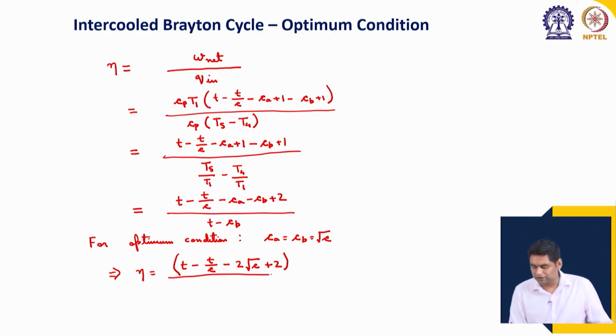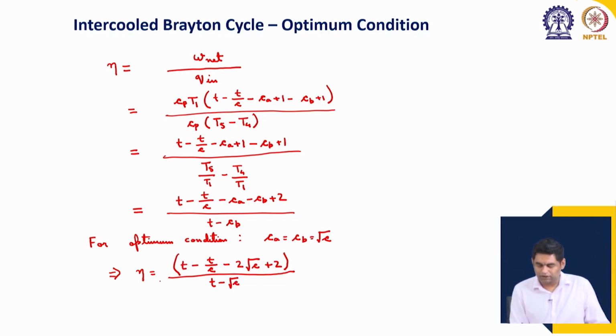Remember that, again I will emphasize, this is not a formula. So, we should not use this as a formula. This is an expression that we derive, so that we can understand the performance characteristics, plot the performance maps, how efficiency varies with T and R. That is the purpose of this derivation, and to find what are the optimum conditions. So, this divided by T minus root C. Okay.